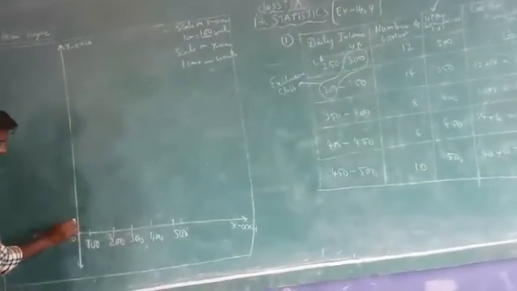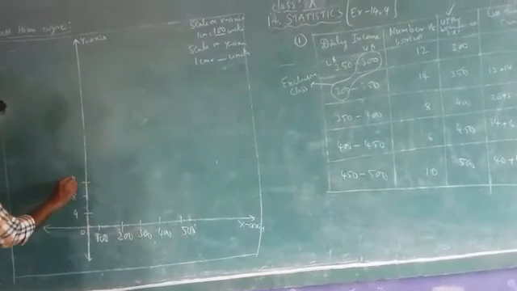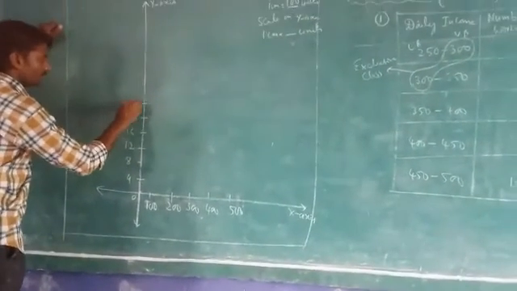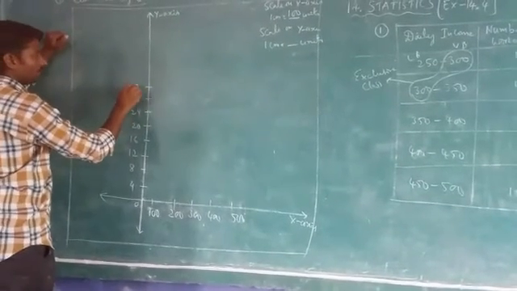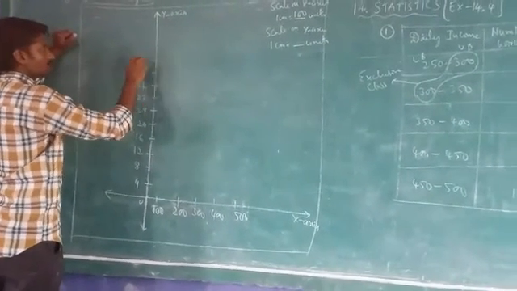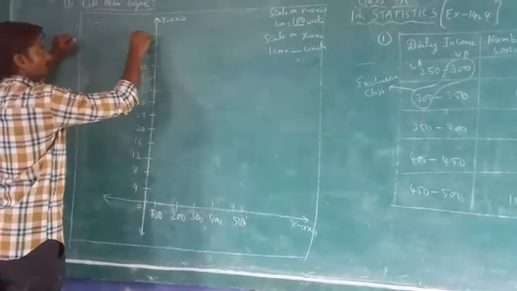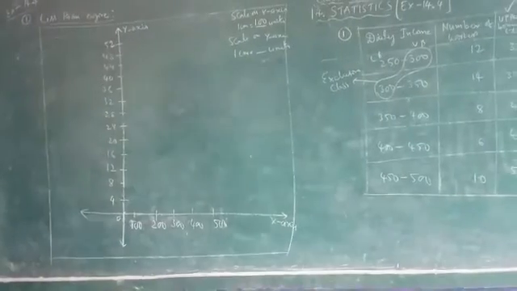I am taking 4 here. 4, 8, 12, 16, 20, 24, 28, 32, 36, 40, 44, 48, and 52. So up to 50 is what I want. Right. Let us plot the values.